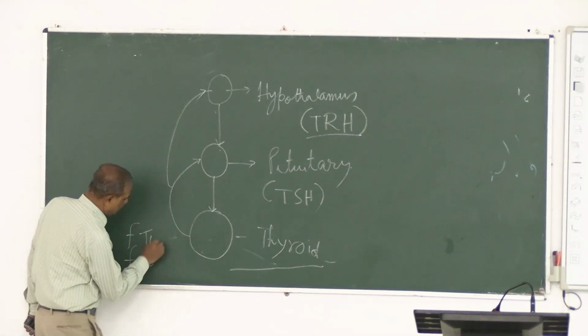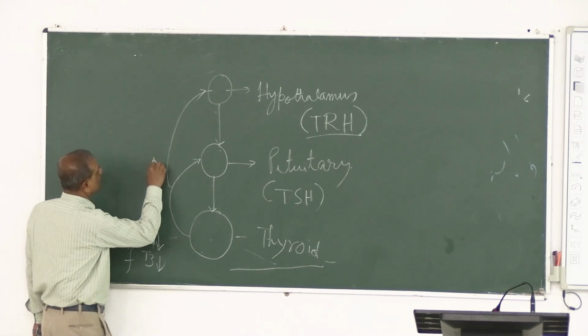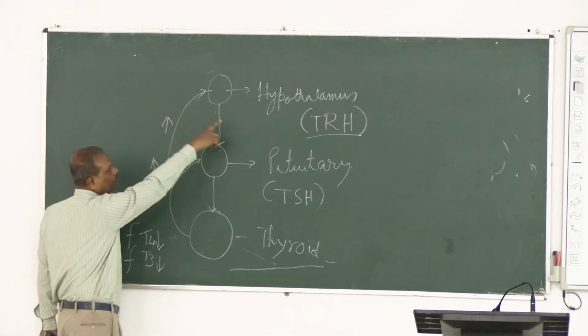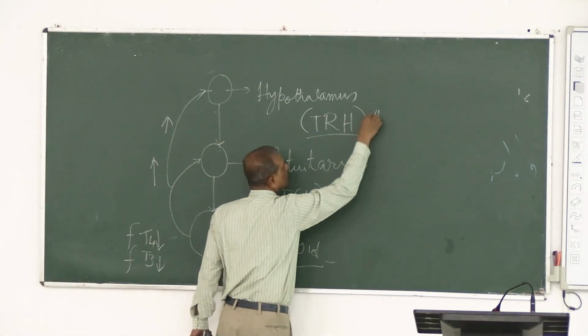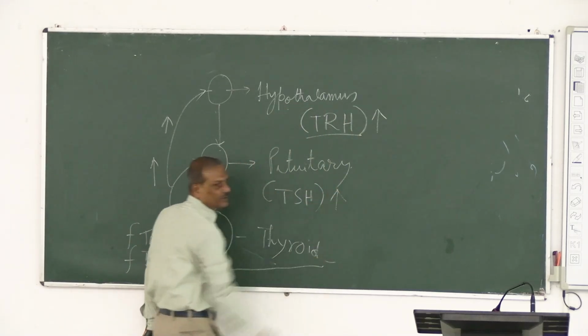So if this level is low, this level will go high up. This TRH will be produced in high amount, and this will in turn result in high amount of TSH.